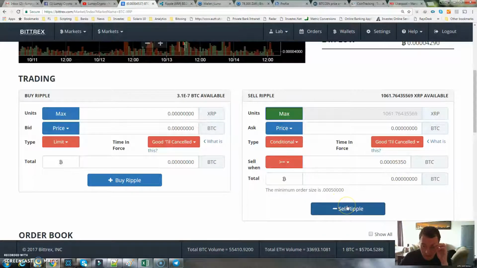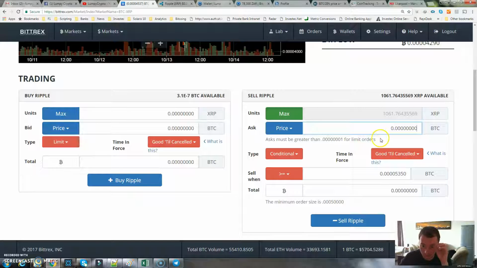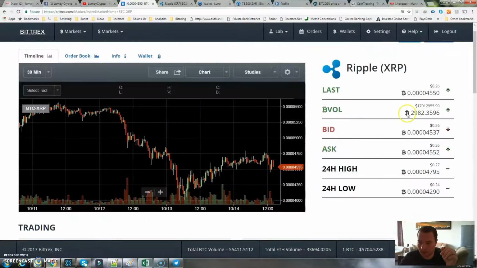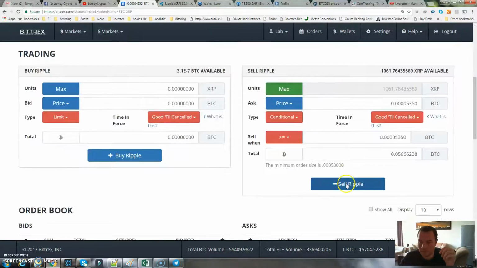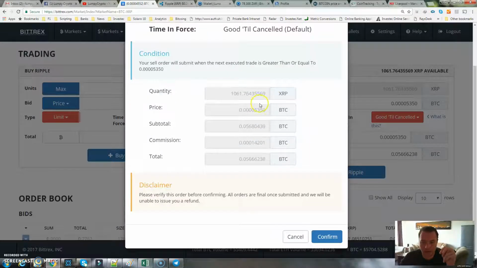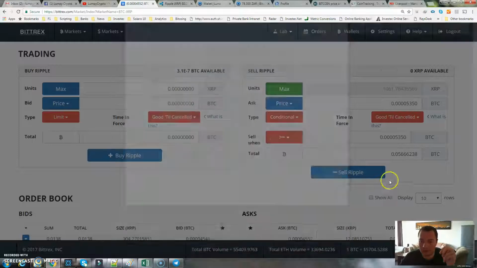Max units and sell. So that's the price, conditional greater than or equal to currently conditional, so when it's that, and that will bring our total up to that in terms of Bitcoin.